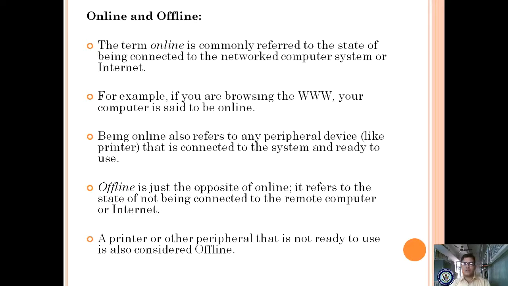We are not turned on online for 24 hours, right? If you turn it on for 24 hours, your data pack per day will exceed. For example, if you are browsing the www, your computer is said to be online.